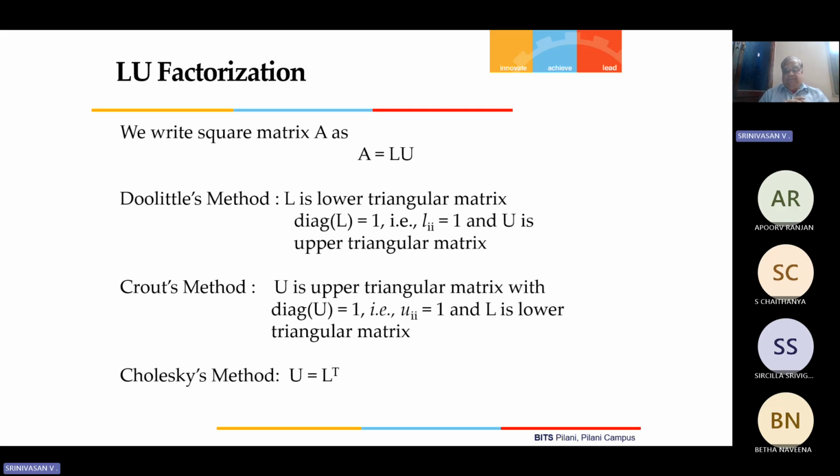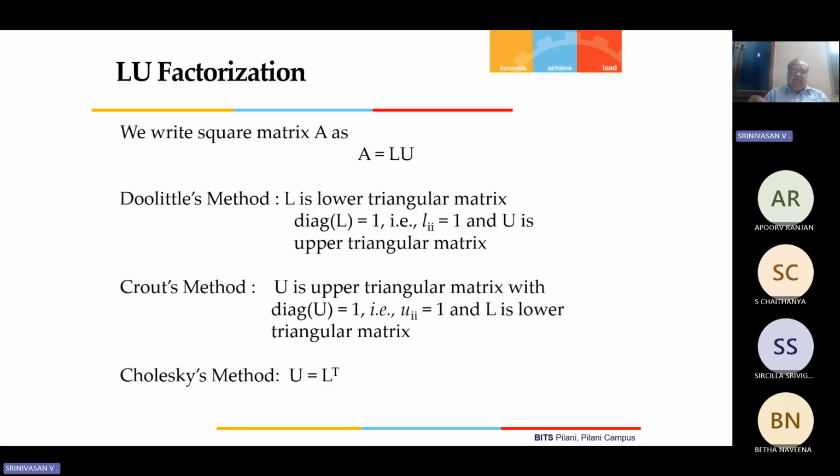LU factorization. We write a square matrix A as the product of lower and upper triangular matrices. Doolittle's method. What is L? What is U? L is a lower triangular matrix with an emphasis on diagonal elements.